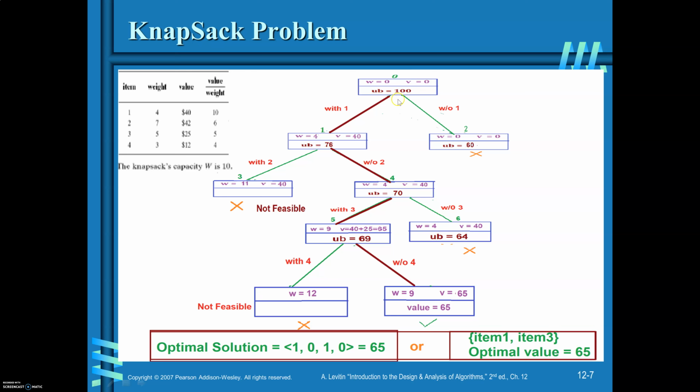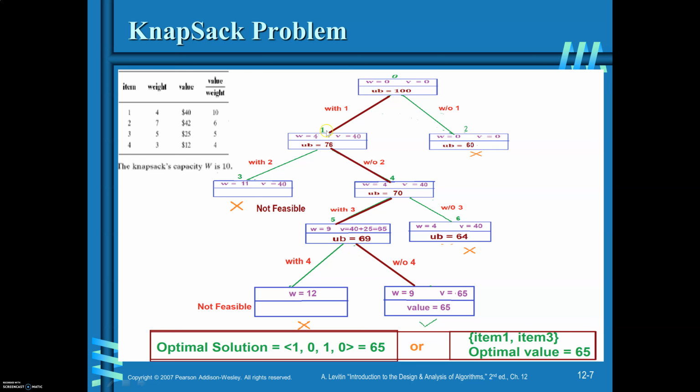So how did you get that? Start from the root to this node. Look at the path from the root to this node: you have considered the first item into the sack, then not considered the second item into the sack, then the third item is considered and the fourth item is not considered.